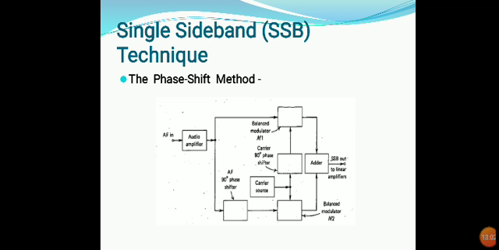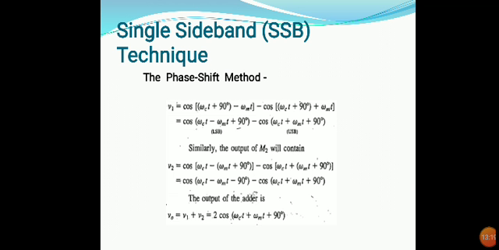And then these 2 balanced modulators produce both the sidebands, but if you mix them you will find that one sideband is getting removed because of their plus and minus sign, and the other sideband you are getting at the output. This is easily understood from this equation. Here at the third last equation you will see that VO is equal to V1 plus V2.